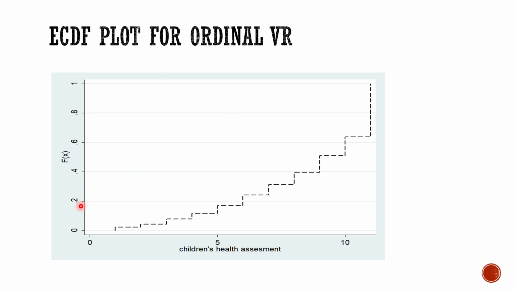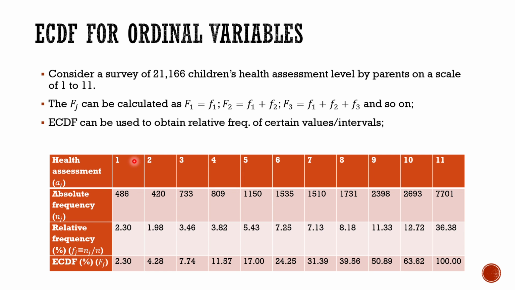Now if we plot this data, and we have plotted it for you, then here on the y-axis you have the cumulative distribution function, and here you have the children's health assessment. As you can see, the class interval starts with 1. For class 1 it is assumed that the distribution is uniform.